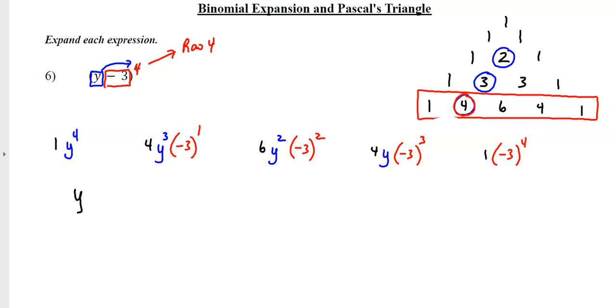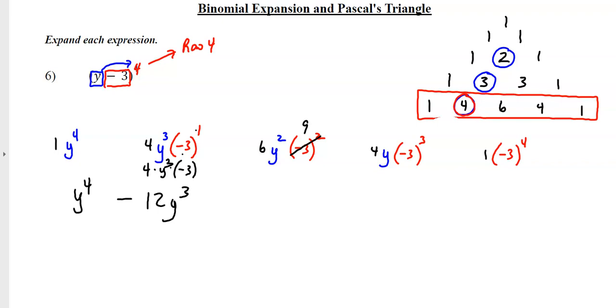Well, 1 times y to the 4th is just y to the 4th. Over here, negative 3 to the first power, that's just negative 3. And then multiplying these out, that's going to be a negative 12 y to the 3rd. Then my next piece, I have this negative 3 squared, which is just positive 9.